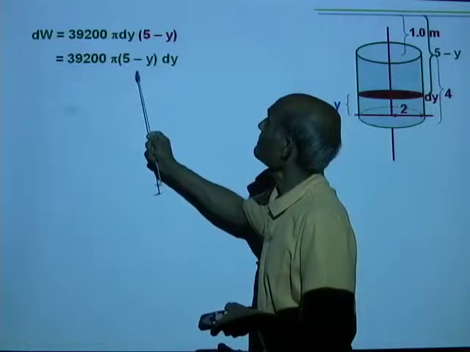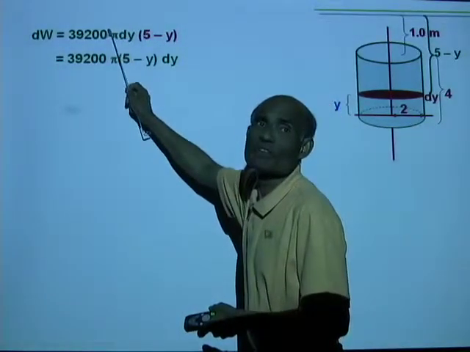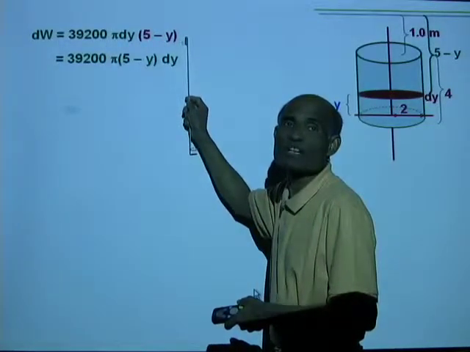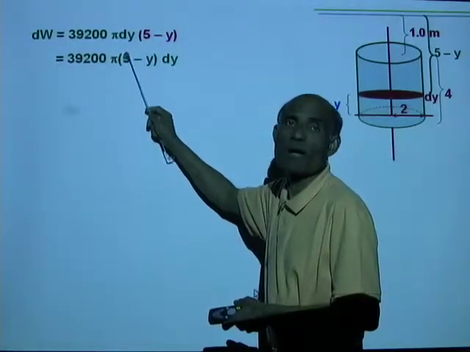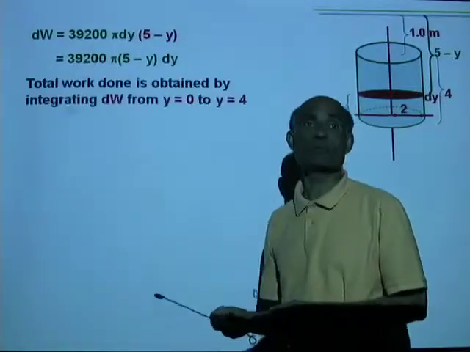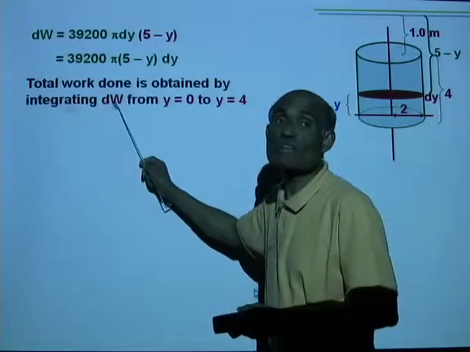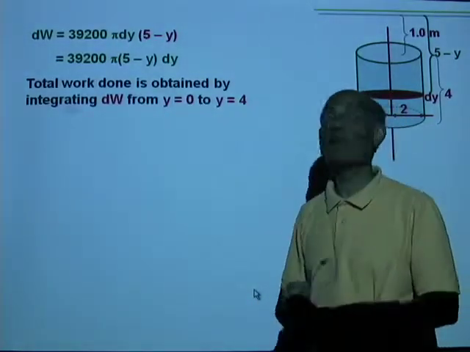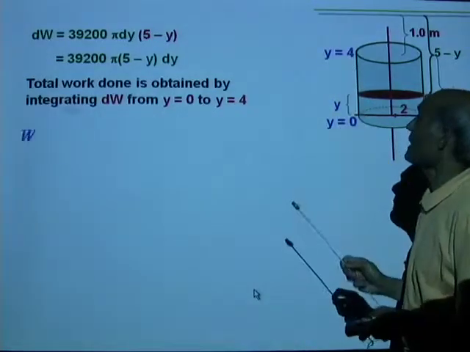Alright, we will rewrite the dW as, take that dy to the end. That is the conventional way to write it. So that will be 39,200 pi times (5 minus y) dy is dW. The total work done is obtained by integrating this dW from y equal to 0 to y equal to 4.